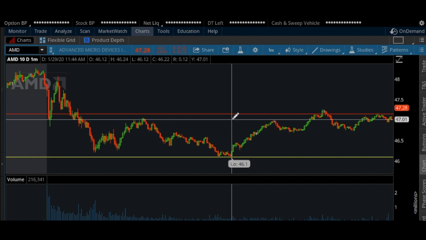Although I made what I felt comfortable with, I noted in the room, our alert room, that hey, 47 and AMD became resistance. It still have a level to tap, and I gave that exact number, the 46.10 level.